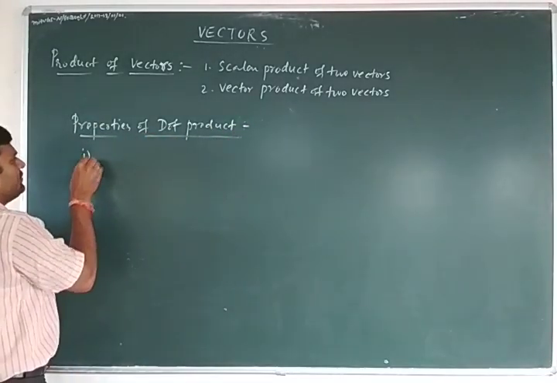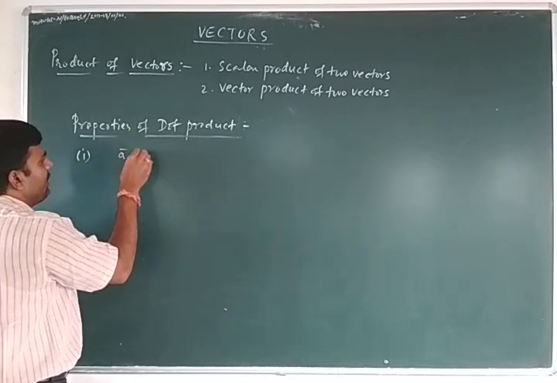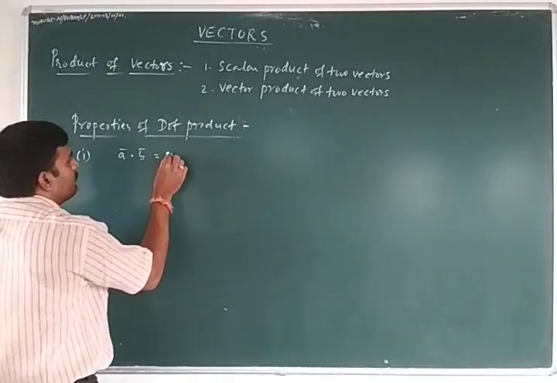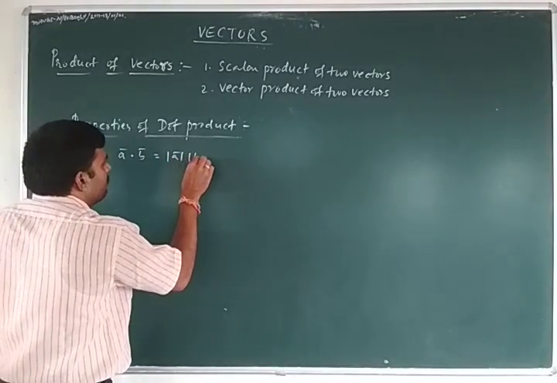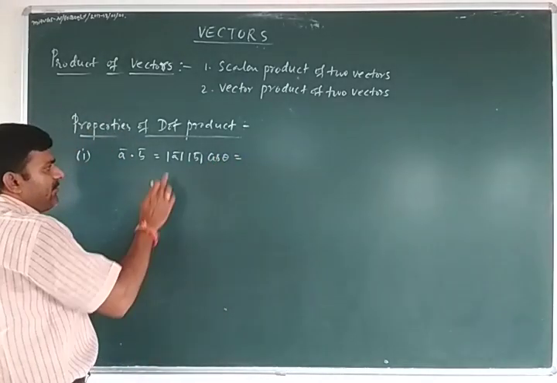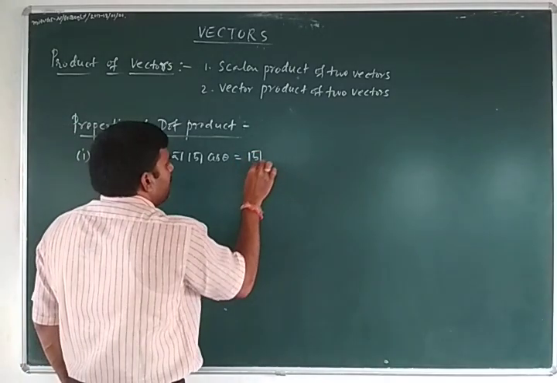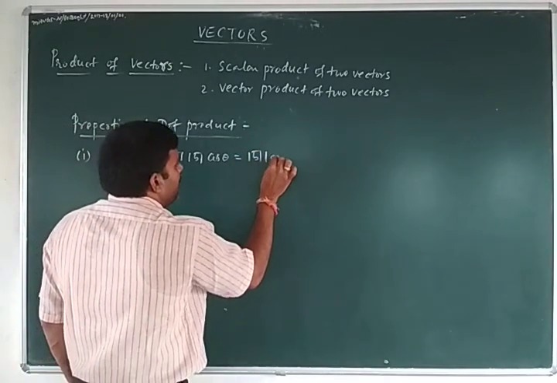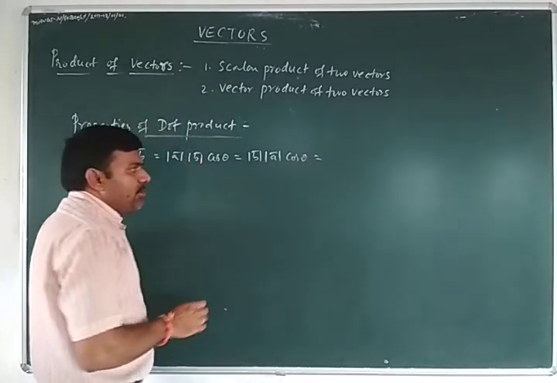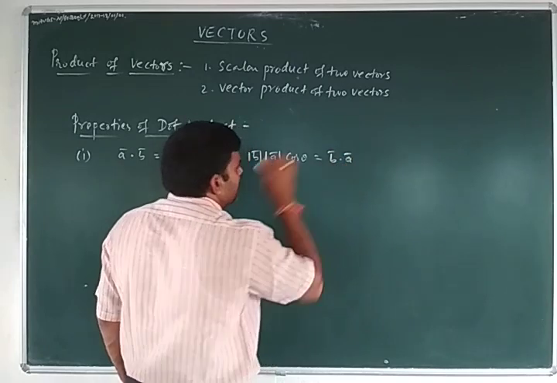See the first one. We have A bar dot B bar is equal to mod A bar into mod B bar into cos theta. Now if we interchange these two vectors, it will again be mod A bar into mod B bar into cos theta, which can be written as B bar dot A bar.